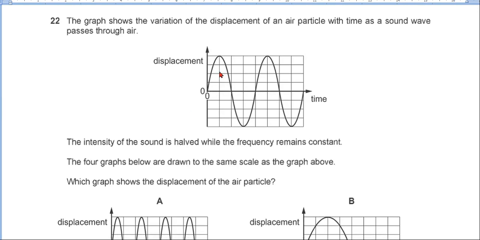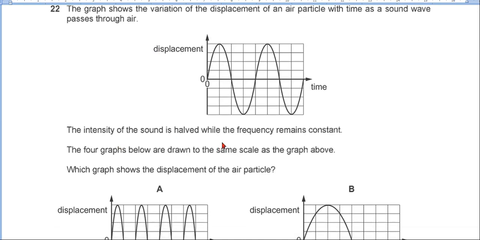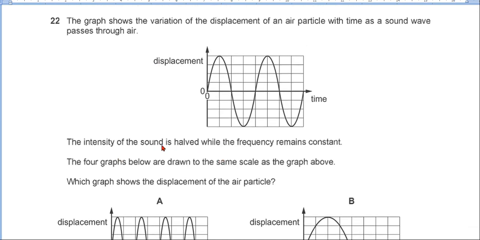The graph shows the variation of displacement of an air particle with time as a sound wave passes through it. Again, we have displacement and time. The intensity of sound is halved while the frequency remains constant. Intensity halved means divided by 2, then the amplitude is divided by square root of 2 because intensity is proportional to the square of amplitude.